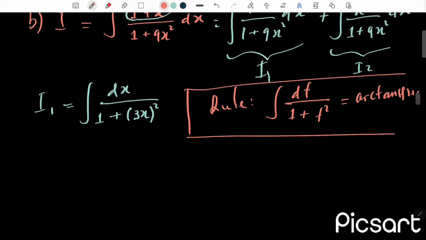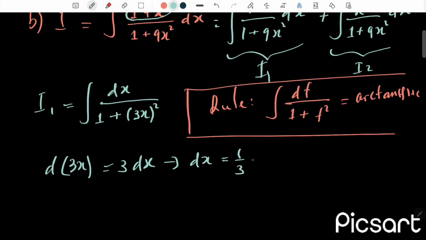This means that we can take 3x as our function f, and we can take its derivative, so that we get 3 times dx, so that dx can be written as 1 over 3 d of 3x.